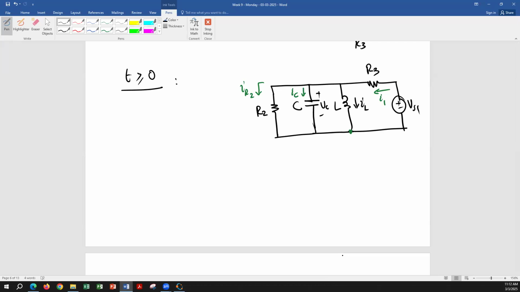No, look at the circuit. I don't have to scroll down. You're giving the answer from the circuit. I'm asking you what is the equation. We already know IL at 0 positive from the initial condition. We don't know IR2 at 0 positive. We don't know I1 at 0 positive. So how can we write IR2 at 0 positive and I1 at 0 positive such that we can find those values?